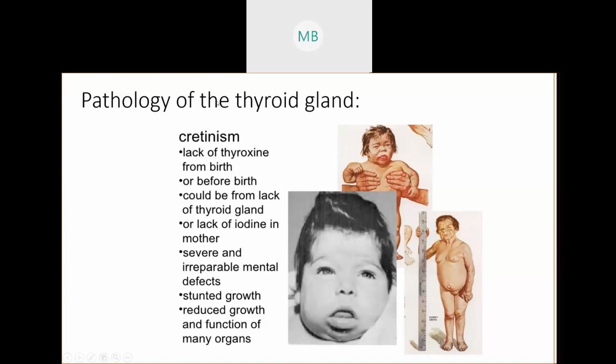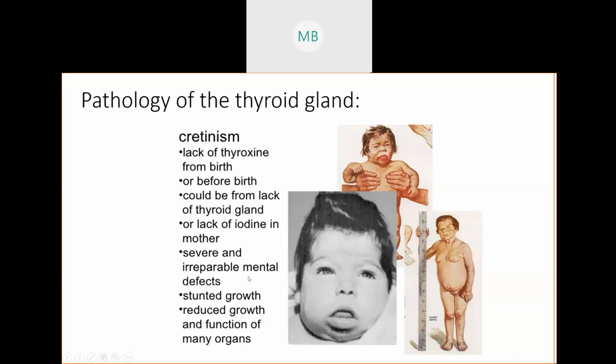But all in all, the end effect of not having enough thyroid hormone during developmental ages for infants and during pregnancy results in cretinism, which, as you can tell by the pictures, greatly affected how the children can grow.